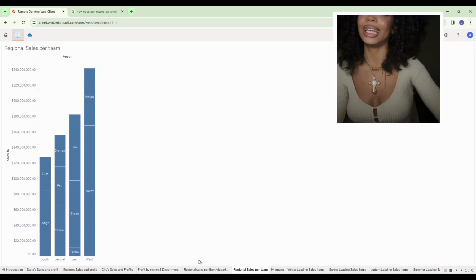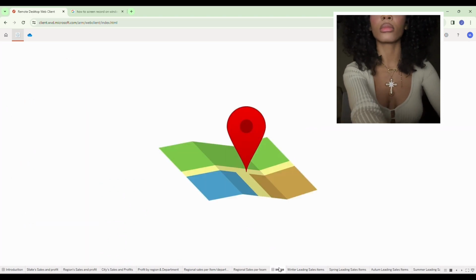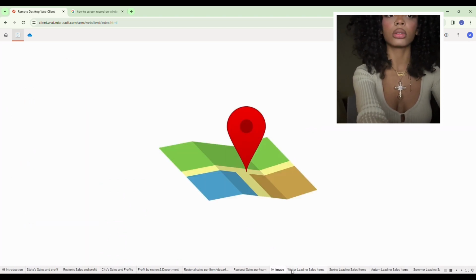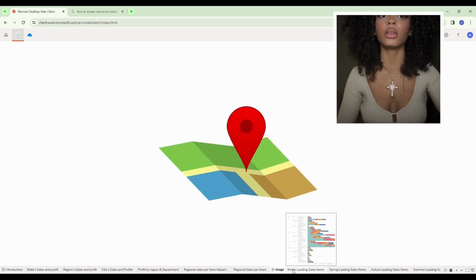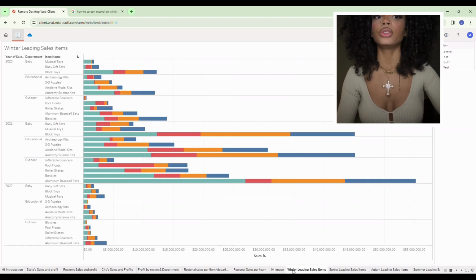Now we just have an image. So this is another worksheet, and each of these worksheets shows the different seasons. So this season is the winter leading sales items, so which items were leading during the winter time.